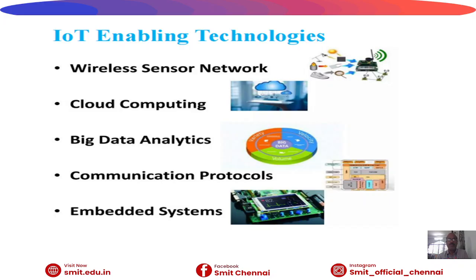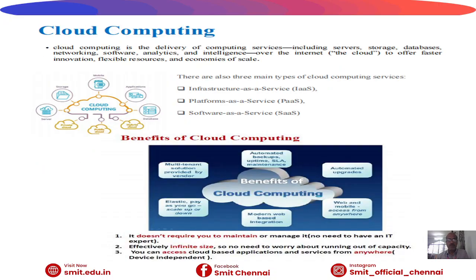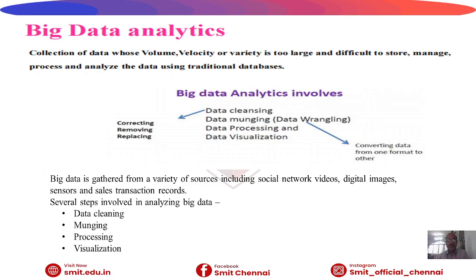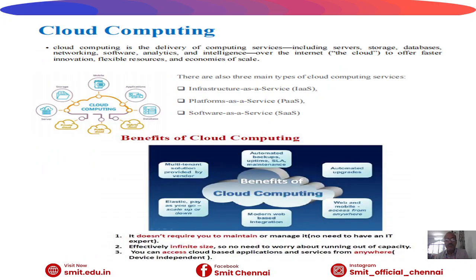So we go back to this. First we have seen wireless sensor network, and the second thing is cloud computing. You can go through the applications of WSN, it is applied everywhere. Cloud computing means cloud-based computing. All the computing is not done on the client side.